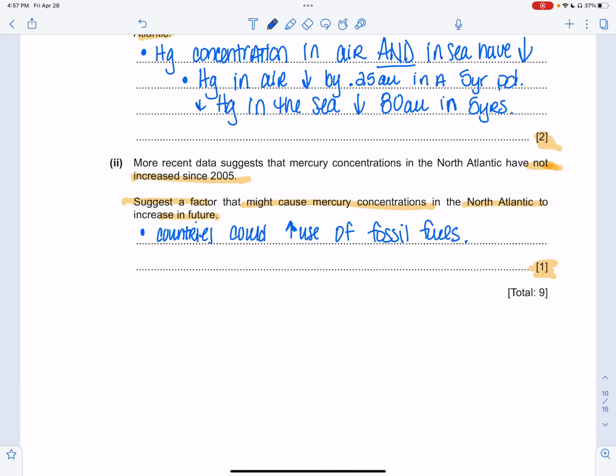And this doesn't have to be just the United States. This could be countries that are surrounding other areas in the North Atlantic. We could have an increase in energy demand as well, which could cause the fossil fuels to need to increase. Mercury could come from other sources.